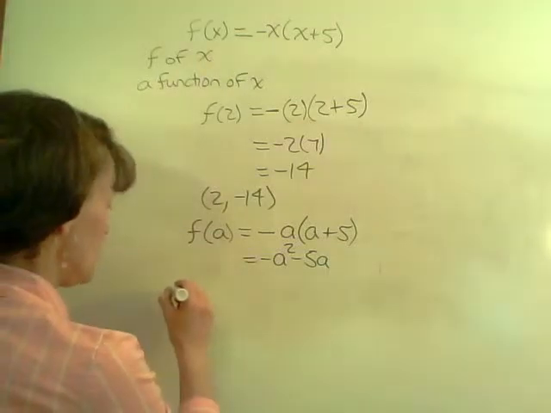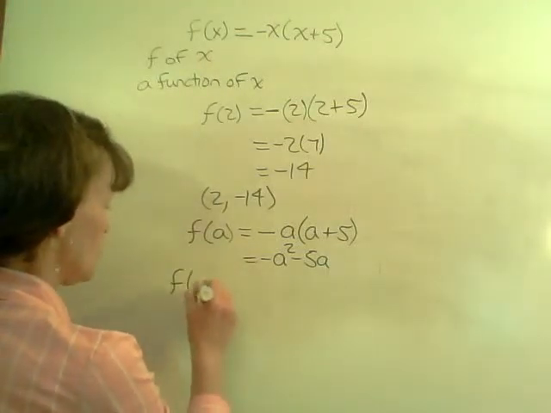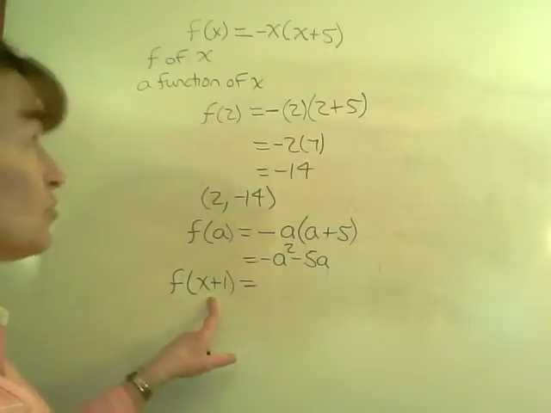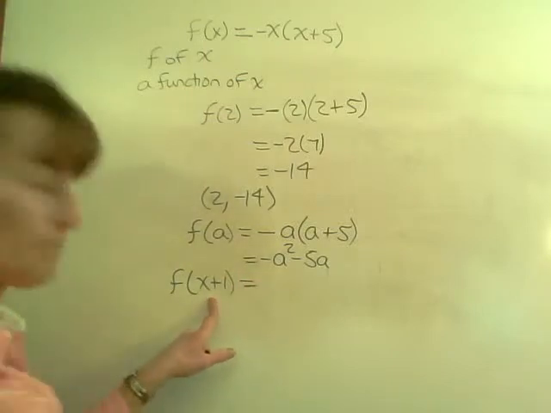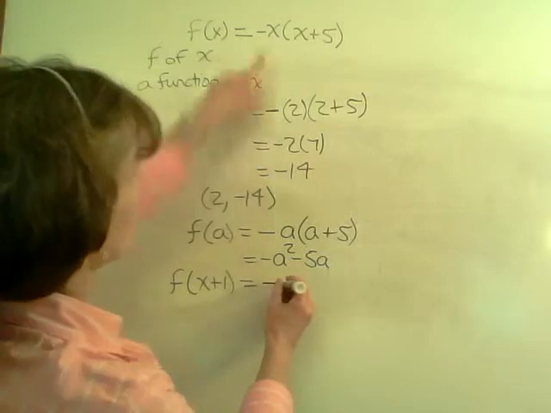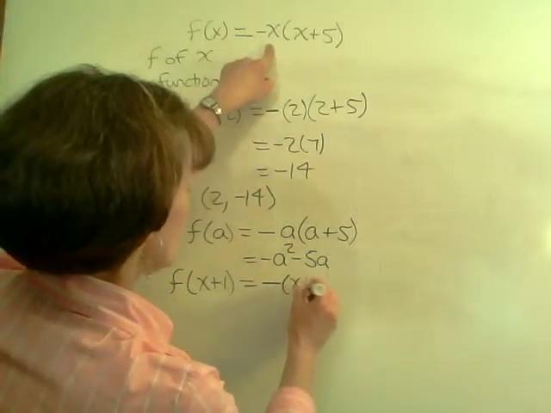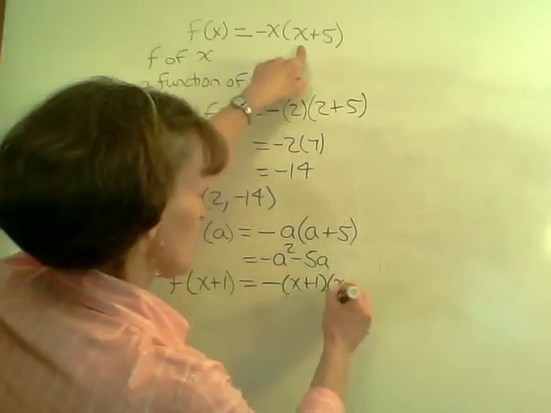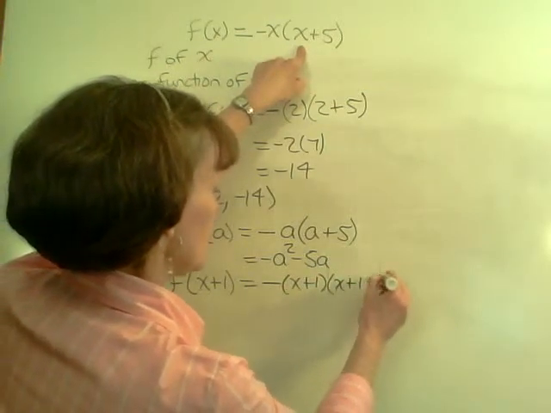What if we put x plus 1 in those parentheses? What is f when x is really x plus 1? All right, well, here's my negative sign, and then x plus 1, and then in these parentheses I put x plus 1, and then plus 5.